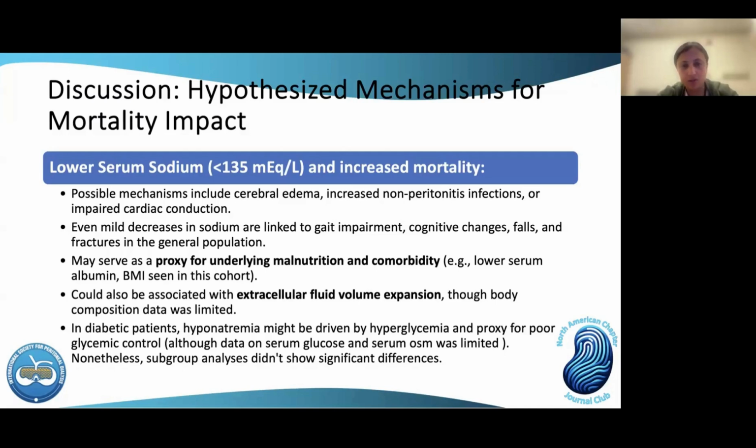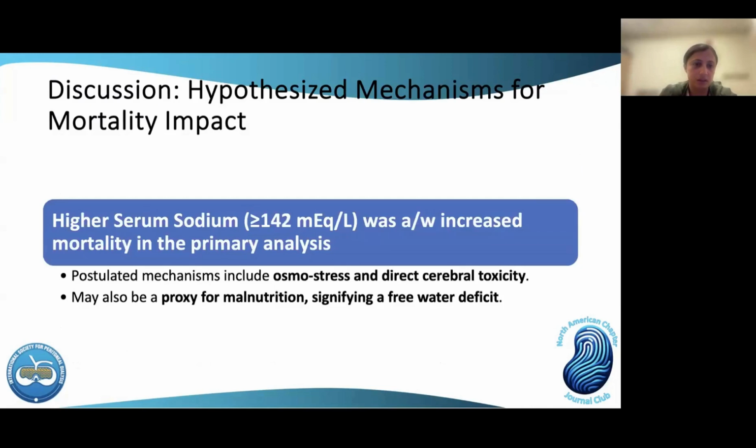In diabetes patients, hyponatremia could be driven by hyperglycemia, which could be a proxy for poor glycemic control, but we didn't have any data on serum glucose or serum osmolality to confirm that. But anyways, when they did the subgroup analysis between diabetic and non-diabetic patients, they didn't see any difference.